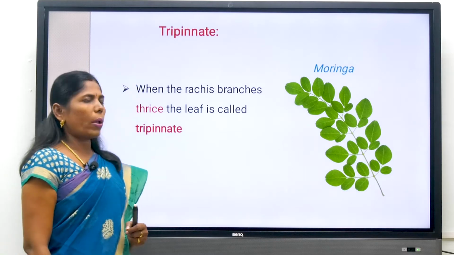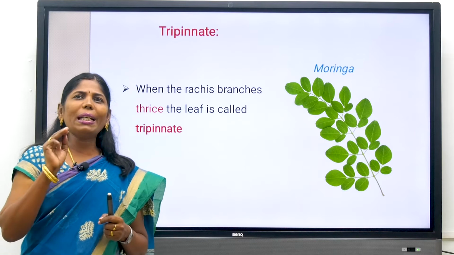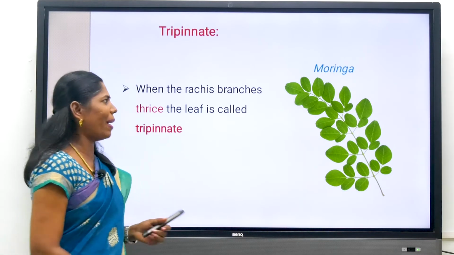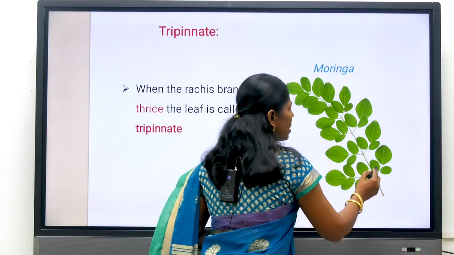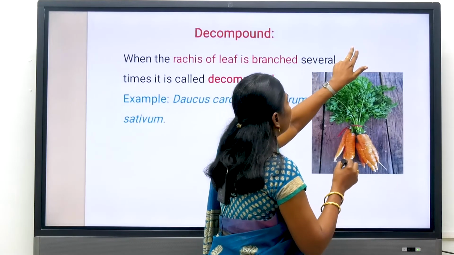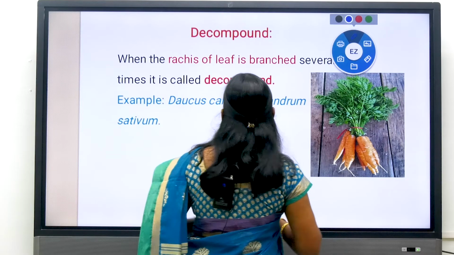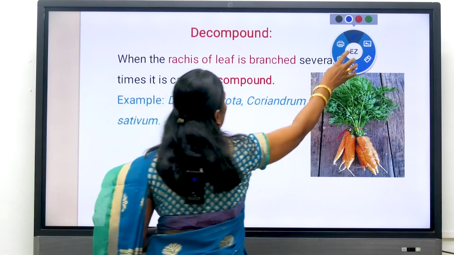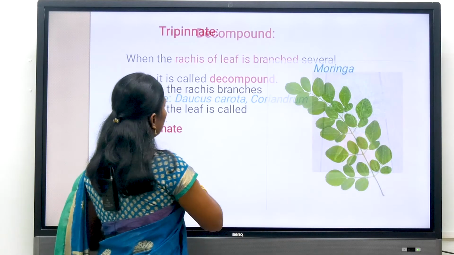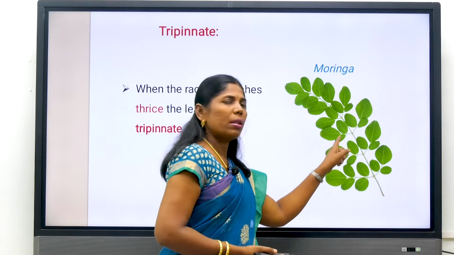So what is tripinnate? When we can see three leaflets at the terminal leaflets, that is known as tripinnate. When the rachis has branches, in the main rachis we can see so many branches. We can see many branches in this region, that is thrice in condition.